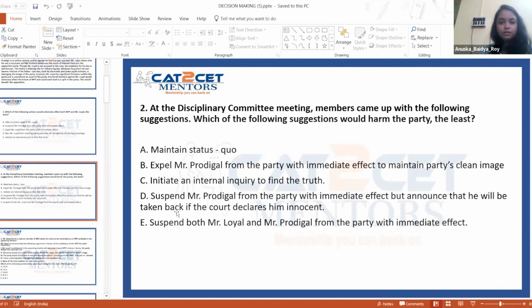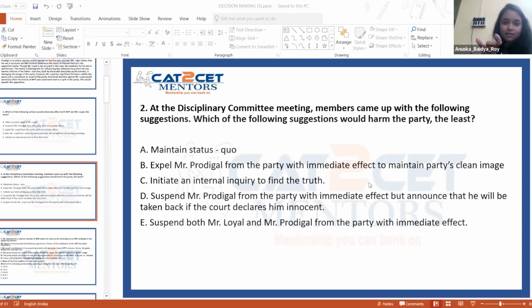How I eliminated C? Yes, I'll explain again. C says initiate an internal inquiry to find the truth. And the question asks which of the following would harm the party the least. So by initiating an internal inquiry, what is going to happen after that? Am I taking any step for the party actually?